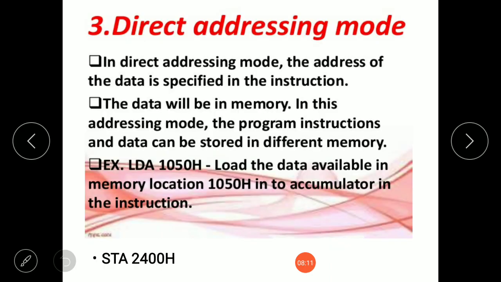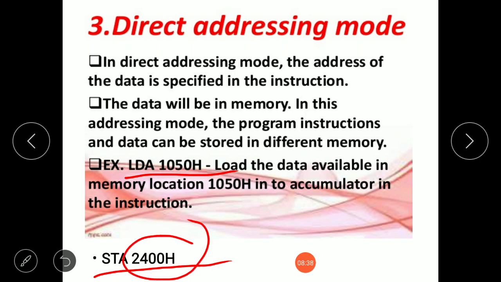Now the next addressing mode is direct addressing mode. In direct addressing mode, the 16-bit address of the operand is given in the instruction itself. As I've shown in examples like LDA 1050H or STA 2400H, this 16-bit address of the operand is specified in the instruction.